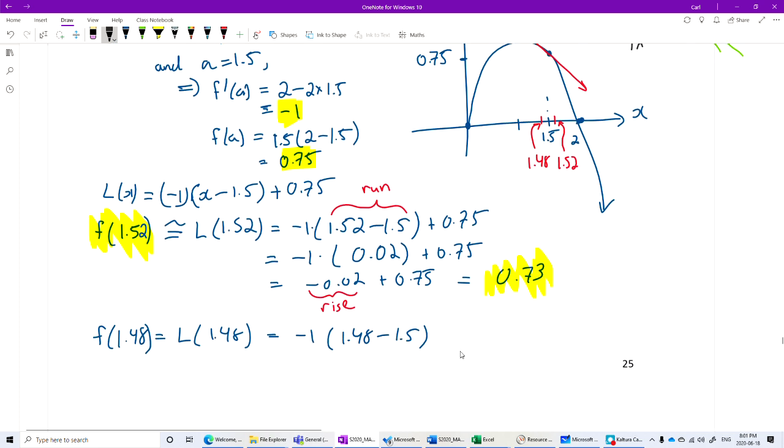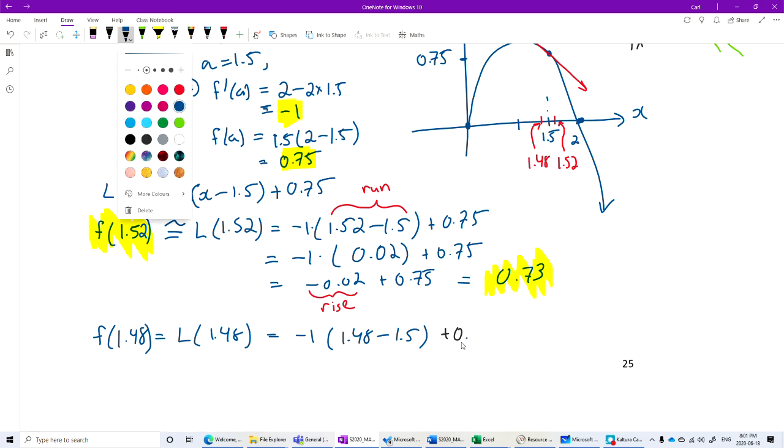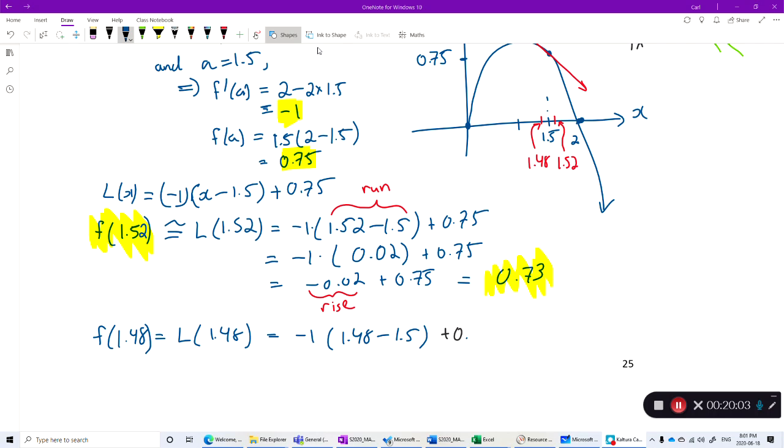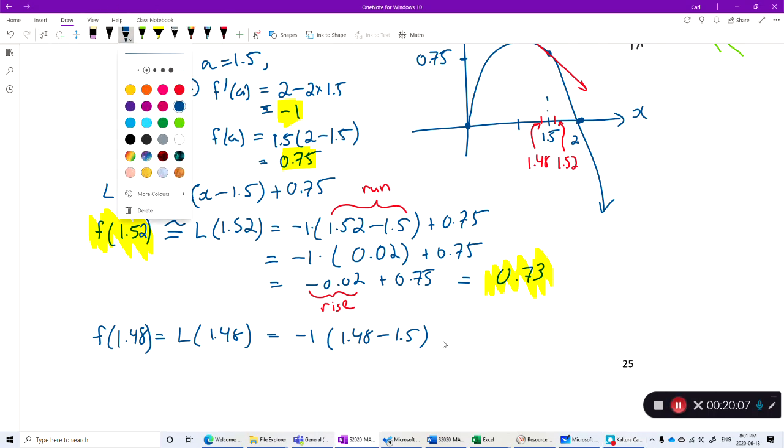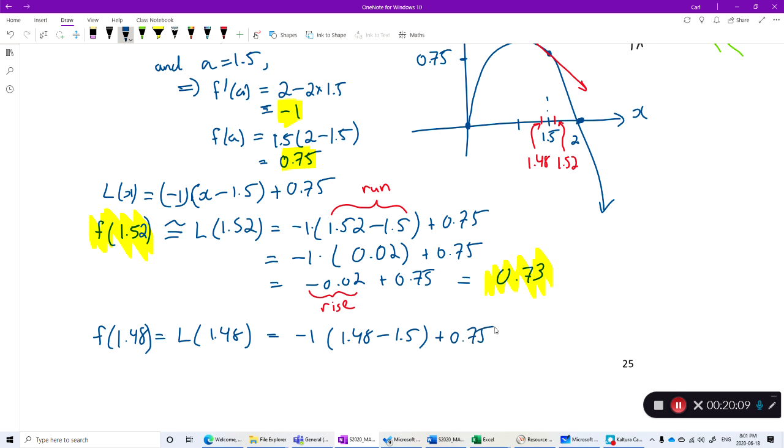Okay, let's finish that. So plus 0.75. So I get a run going the other way, negative 0.02. So now the rise is positive.